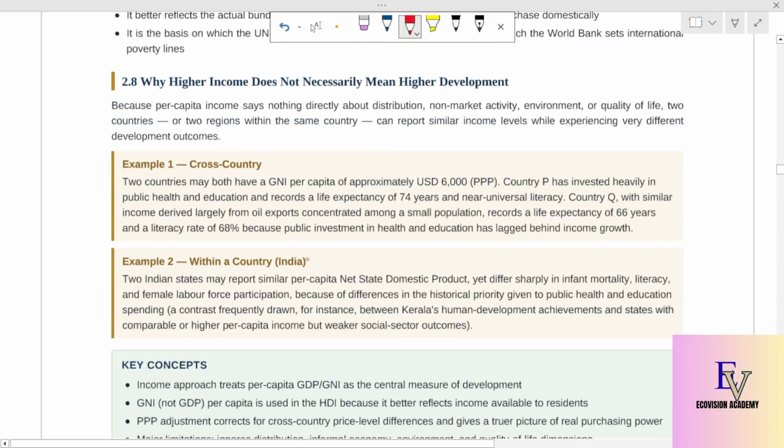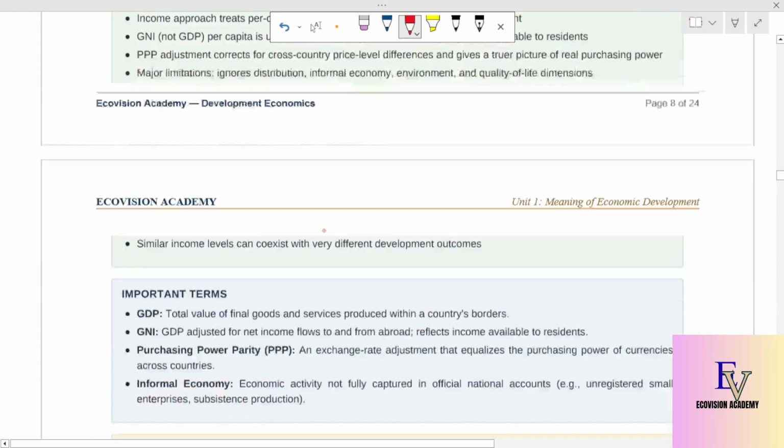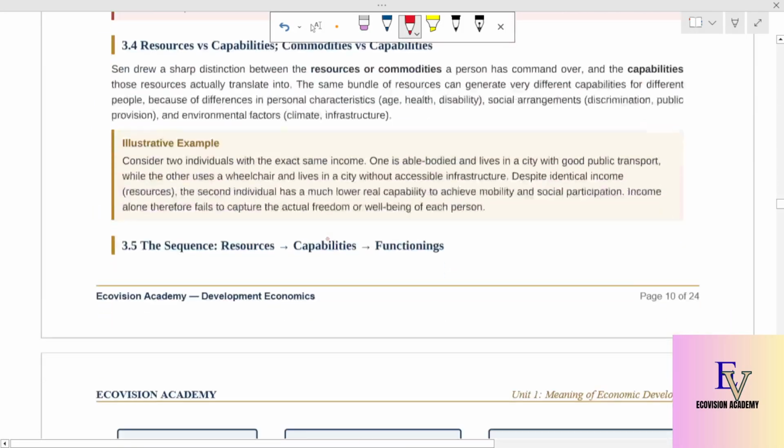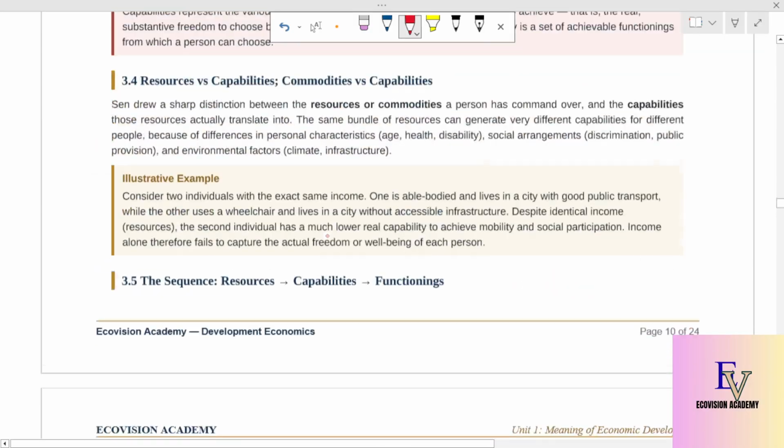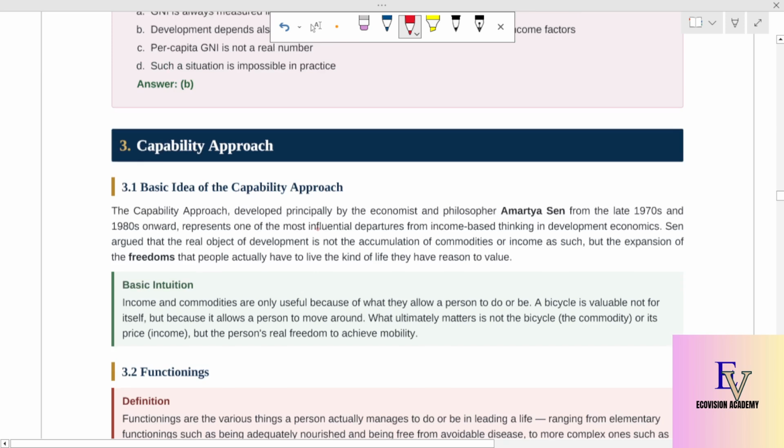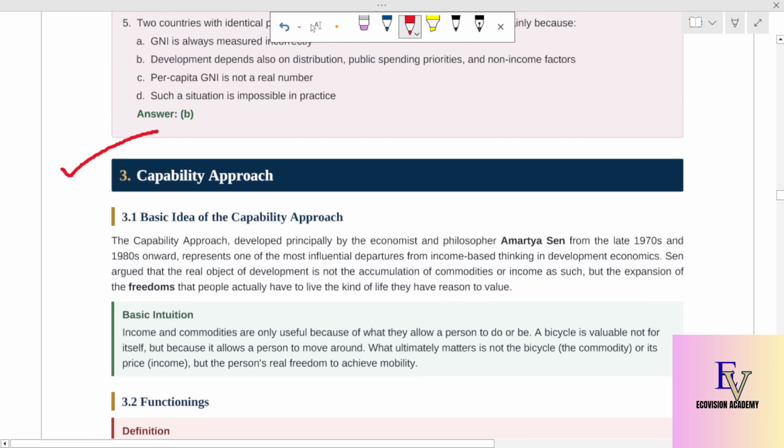Now, not only the income approach, there is another approach, that is the capability approach. The capability approach was first given by the economist, or you may say philosopher, Amartya Sen, in the late 1970s and from the 1980s onward.